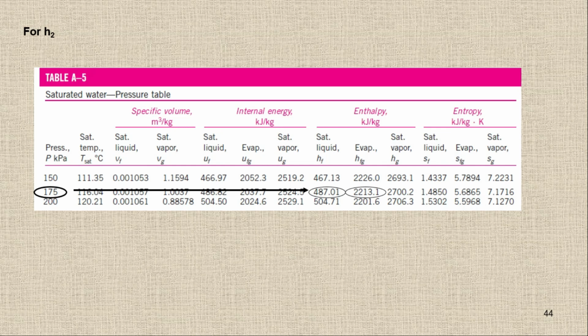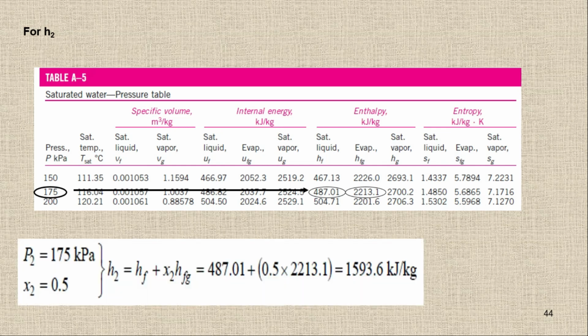With the help of the formula, HF plus X HFG, we simply put the values and we will get the value of H2. So we have the value of H2 here. H1 is already determined, so we have H2 now.